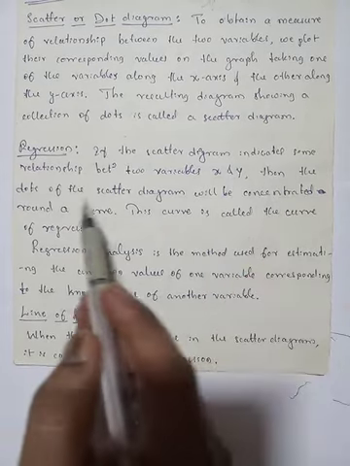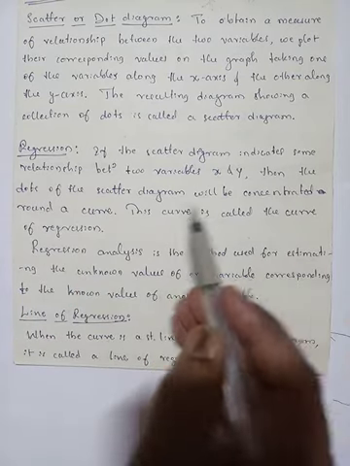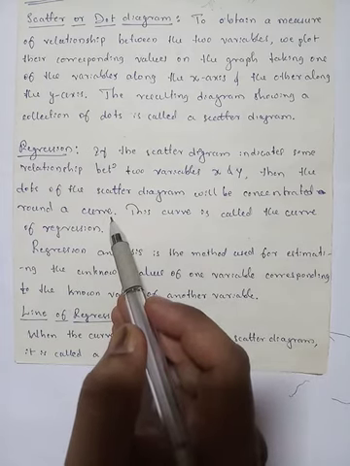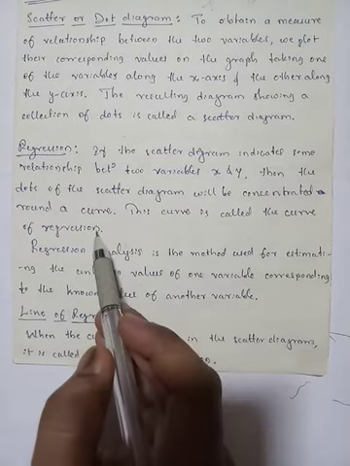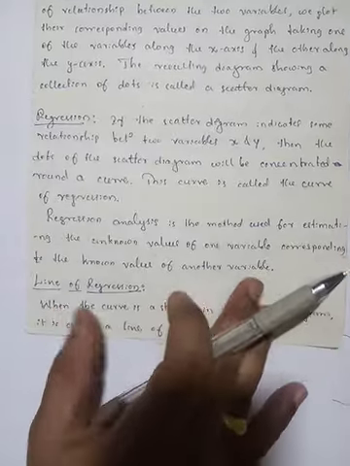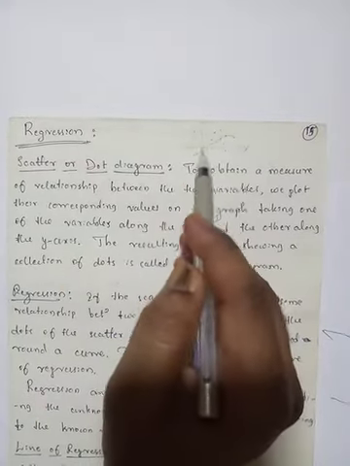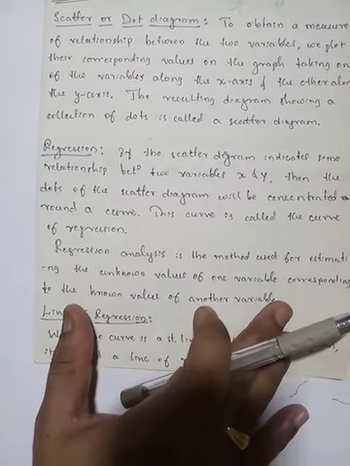Then the dots of the scatter diagram will be concentrated around a curve, meaning when you join all the points, we get a curve. This curve is called the curve of regression. So that is what I showed here. When you join the points, we get a curve, and that curve is called the curve of regression.